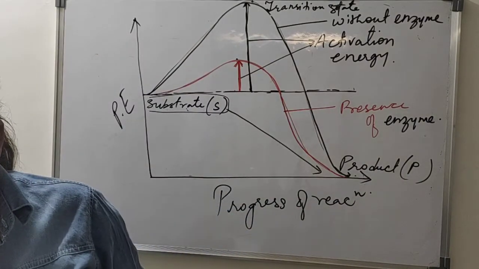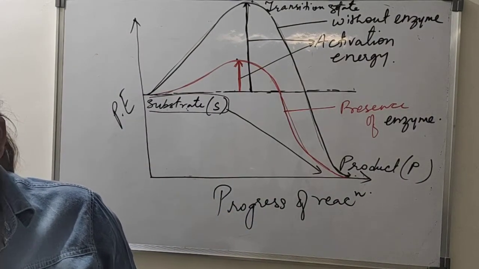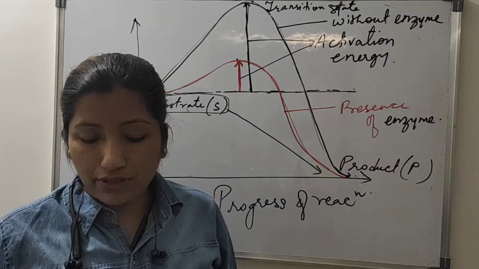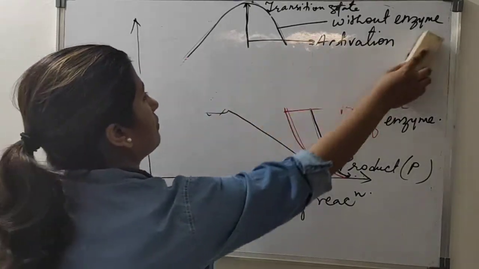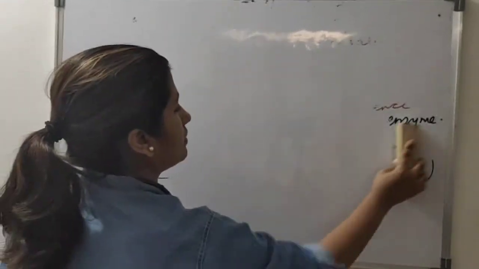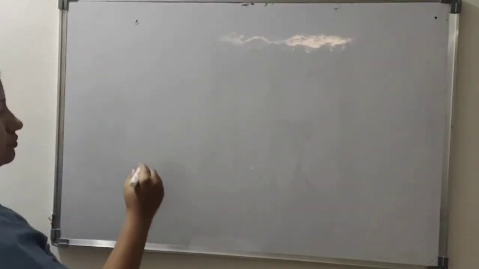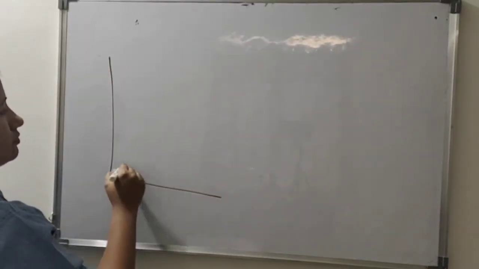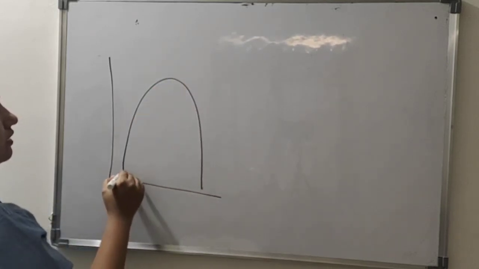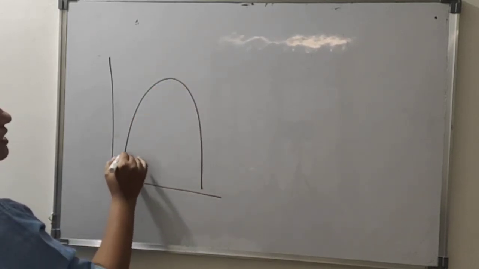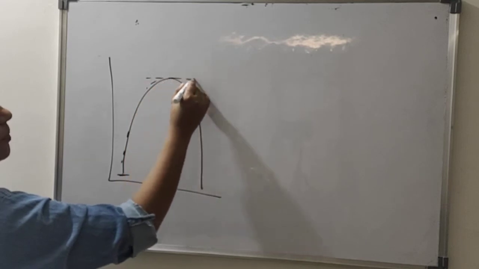And from page number 157 you can see figure 9.7 where the graph is explaining this. It shows that the rate of reaction will increase up to the optimum level.